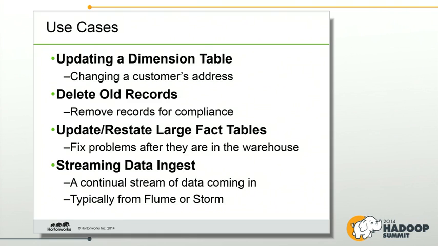And the use case that we're actually addressing first is streaming ingest, where you have this flow of data coming in from Storm or from Flume, and instead of just writing to HDFS and then once an hour adding the partition into Hive, you want that data to become available as soon as the transaction completes.